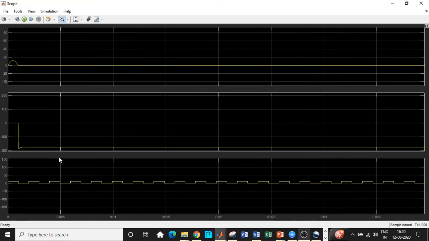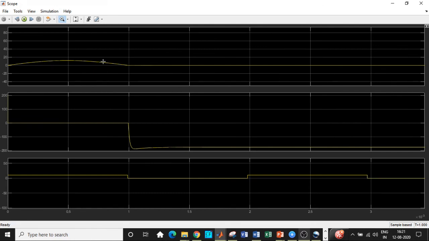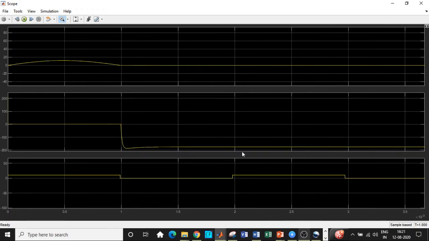Now you can zoom in and see whenever the pulse to the thyristor is turned off, that is the instant where the voltage built across the thyristor will be very high, and at that particular point the current starts to drop, and it will go slightly negative if you carefully observe, and then it becomes reverse biased. Consequently, the voltage across the thyristor will be the voltage appearing across the load terminals. That is, it will be negative, and whatever is being supplied will be stored in the capacitor and inductor, and that is what is appearing at this point.